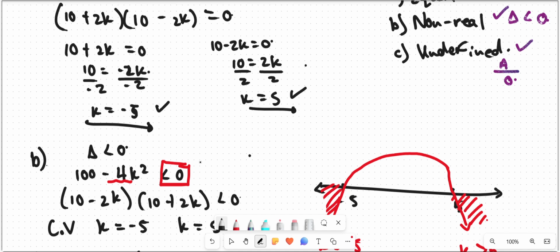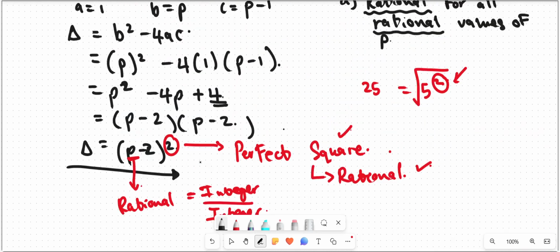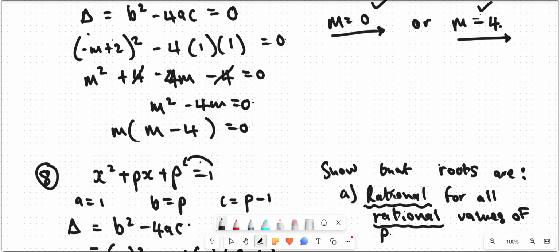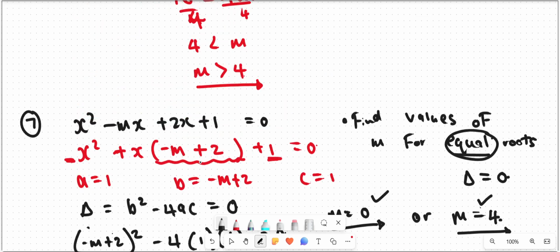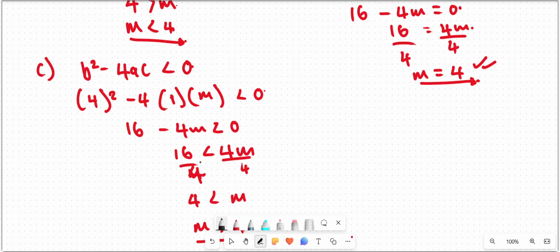Then we did the second part, which needed you to either show that it was non-real or show that it was equal roots. And then the last part was when we're given the actual quadratic formula where they're substituted inside, and from that we have to find these different elements of it. Again, it's all talking about the roots.